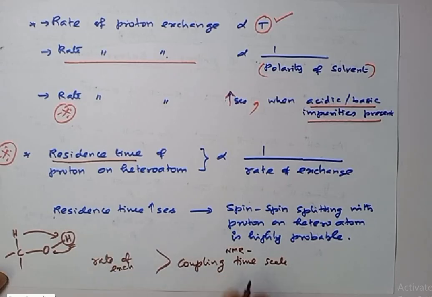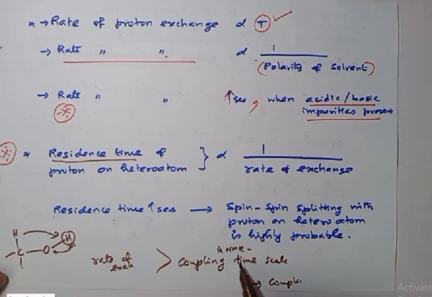If it is very small, then coupling is not possible. The rate of exchange is fast, therefore coupling in the NMR time scale is less, which means coupling does not occur.